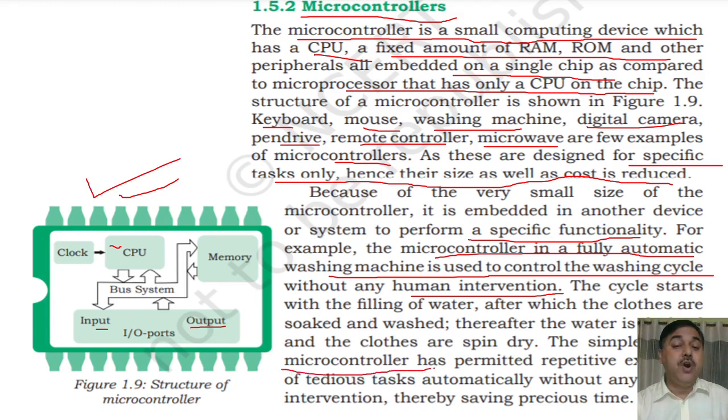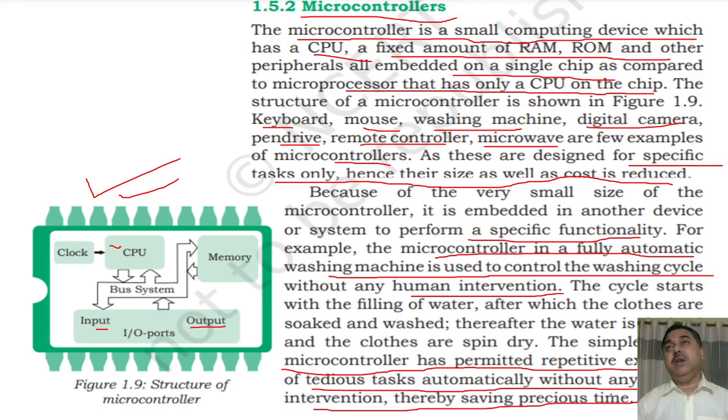microcontroller. That means a small controlling unit which permits you to execute a tedious task automatically, without any human intervention, and saves your precious time. That means you put things in a washing machine, and automatically the work is completed. It completes the work of cleaning, it completes the work of rinsing.